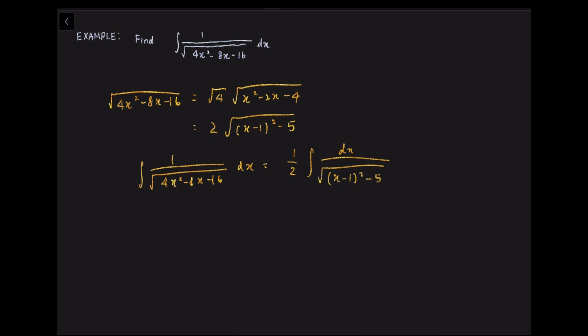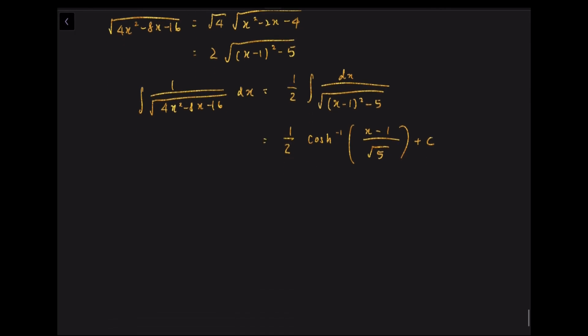And then we can apply the formula since it is the square root of a squared minus x squared. And so we have 1 over 2 the inverse of cos x minus 1 over root 5 plus c. And expressing it in logarithmic form, we have 1 over 2 ln x minus 1 over root 5 plus the square root of x minus 1 squared over root 5 minus 1 plus c.